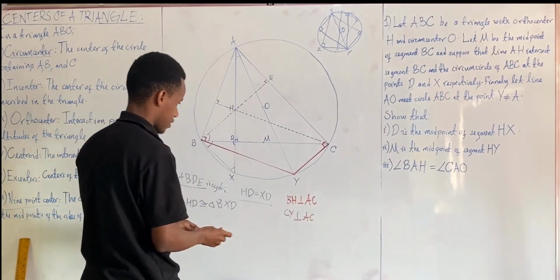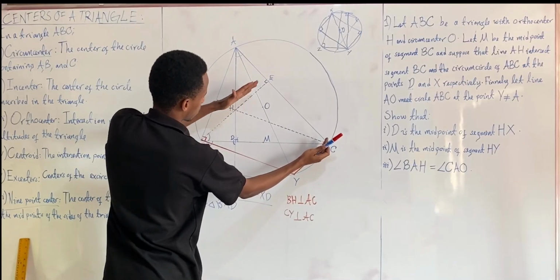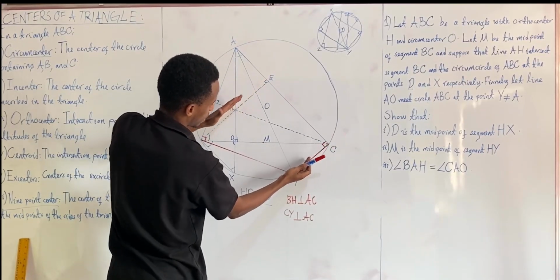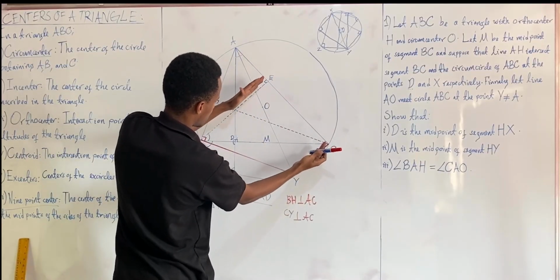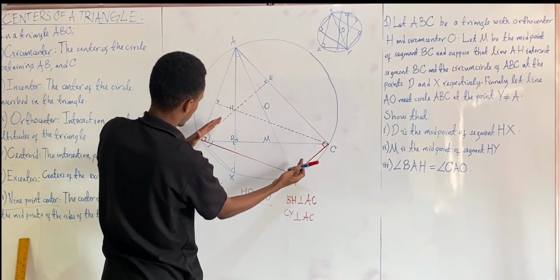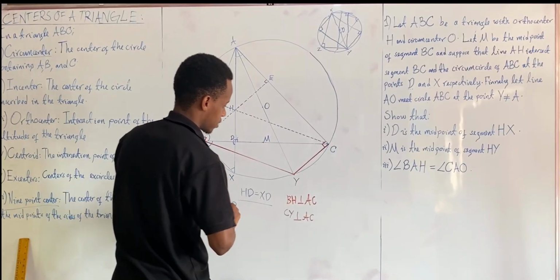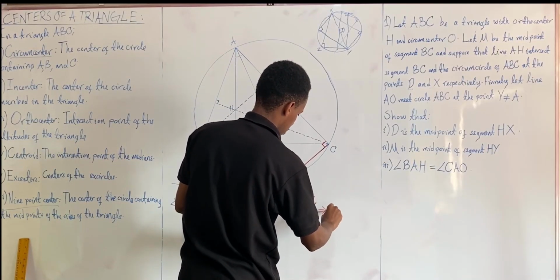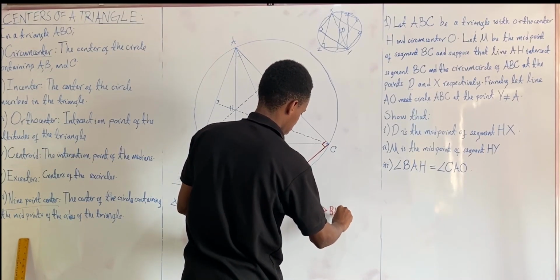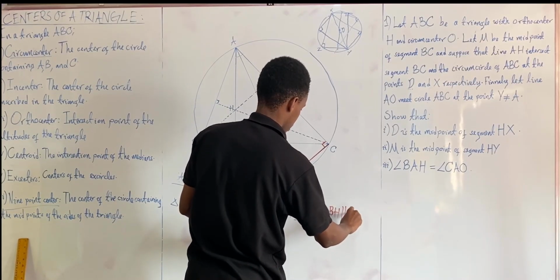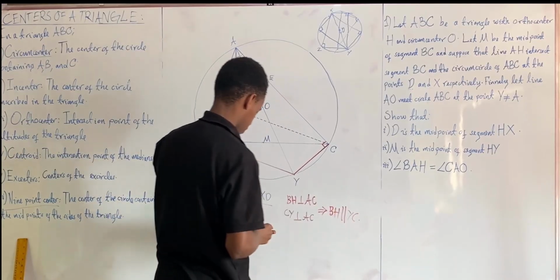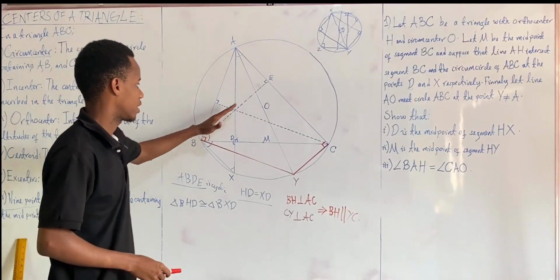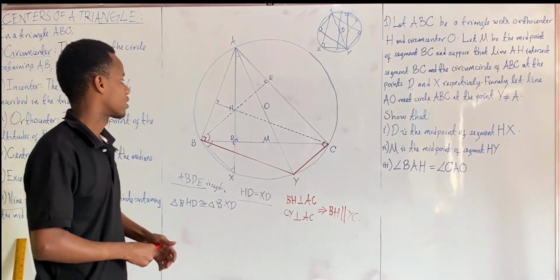And so that tells us that these two lines will actually be parallel to each other, right? Because they are both perpendicular to the same line. So the conclusion here is that line BH is parallel to line YC.